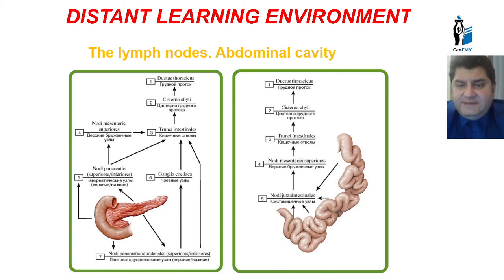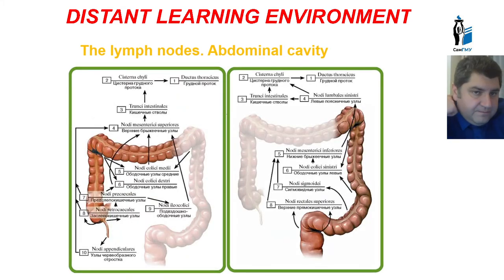From the intestine, lymph passes to juxta intestinalis nodi, or juxta intestinalis nodi in Latin. Next it passes to superior mesentery nodi, or superior mesentery nodes, and next it passes to the intestinal trunk and to the thoracic duct.